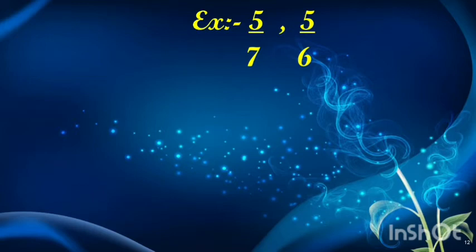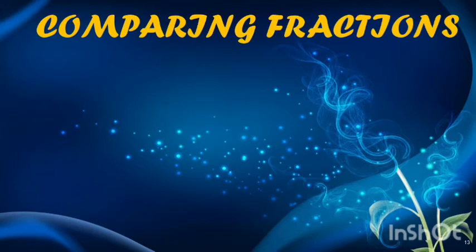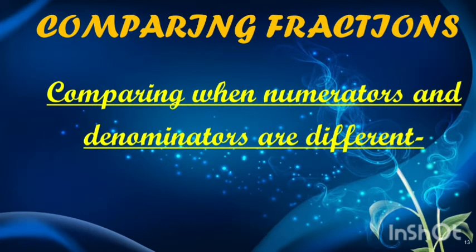So let's understand this. Between 7 and 6, since 6 is smaller, 5 upon 7 is less than 5 upon 6.